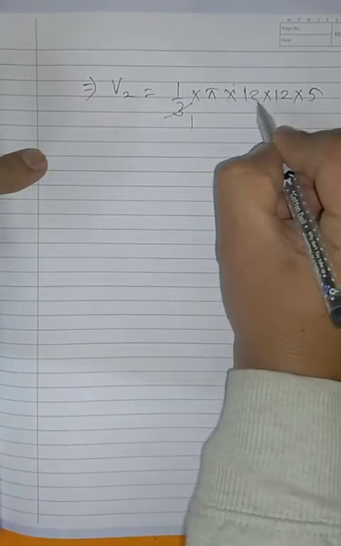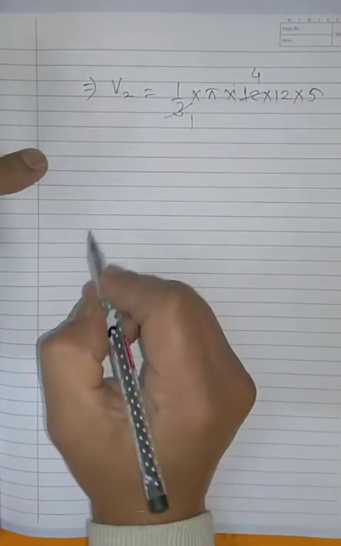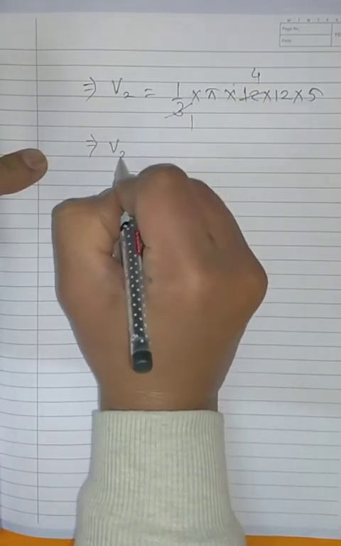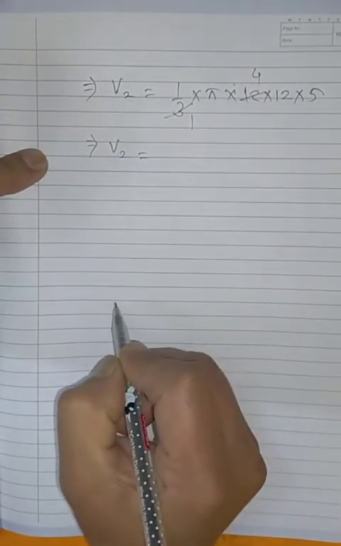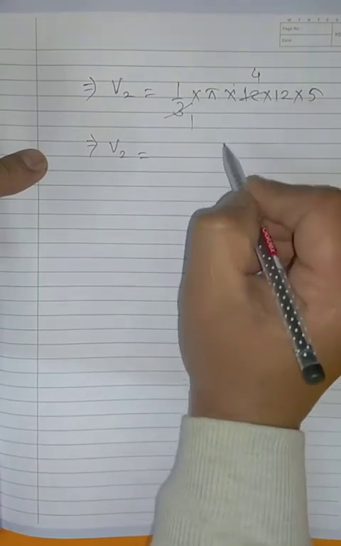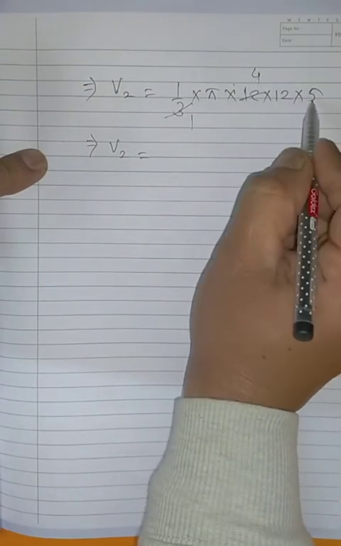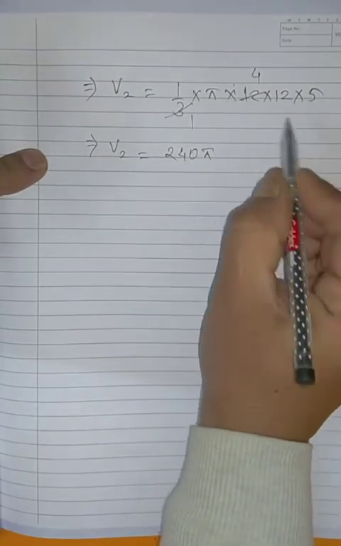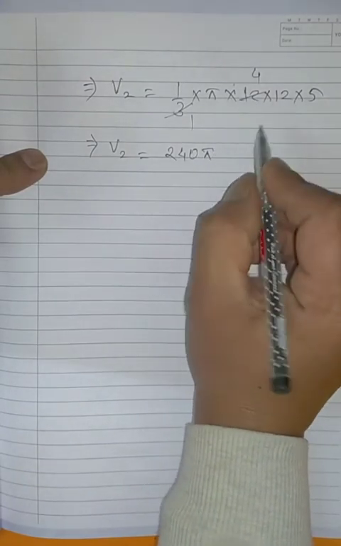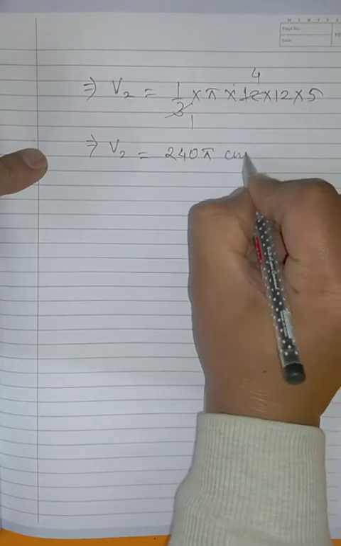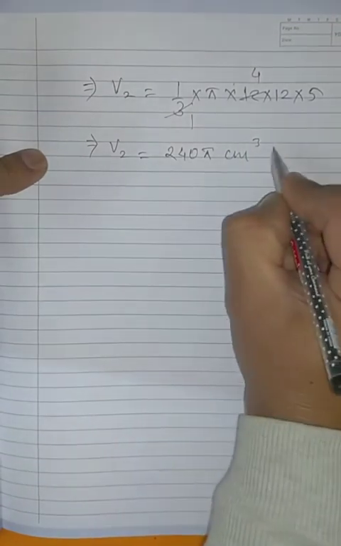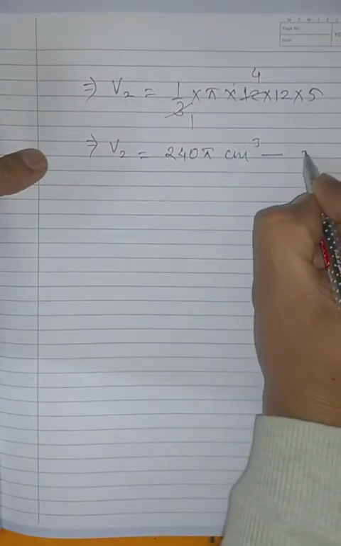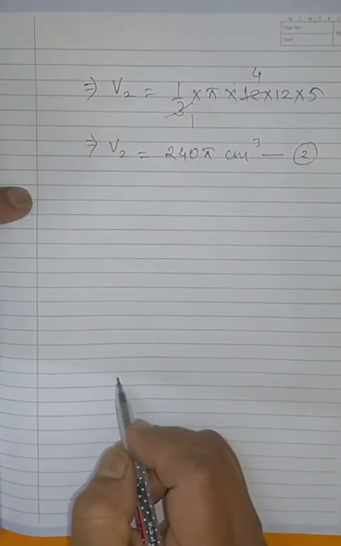So we can cancel this one more time, 3 4s are 12. That implies volume V2 will be equal to, let's multiply all the numbers, it is 240 pi centimeter cube. Let this be equation number 2.